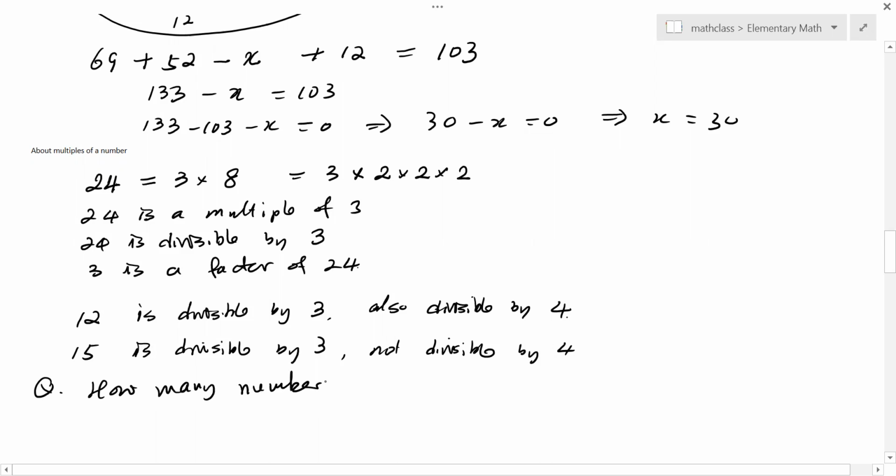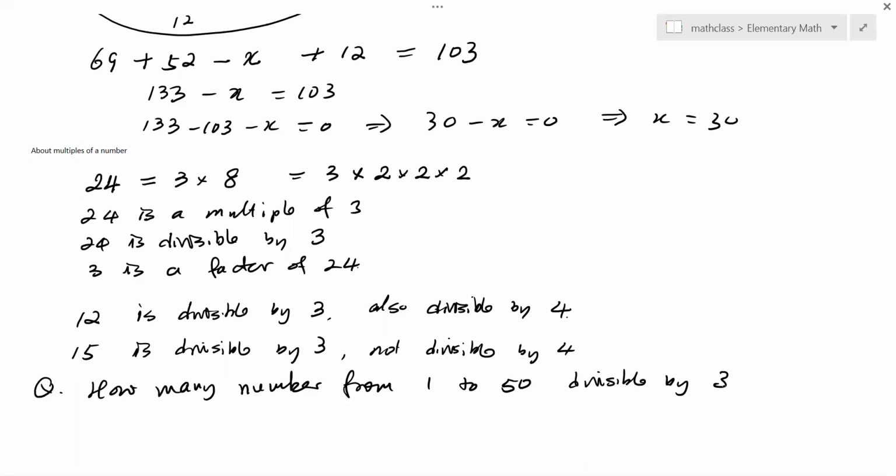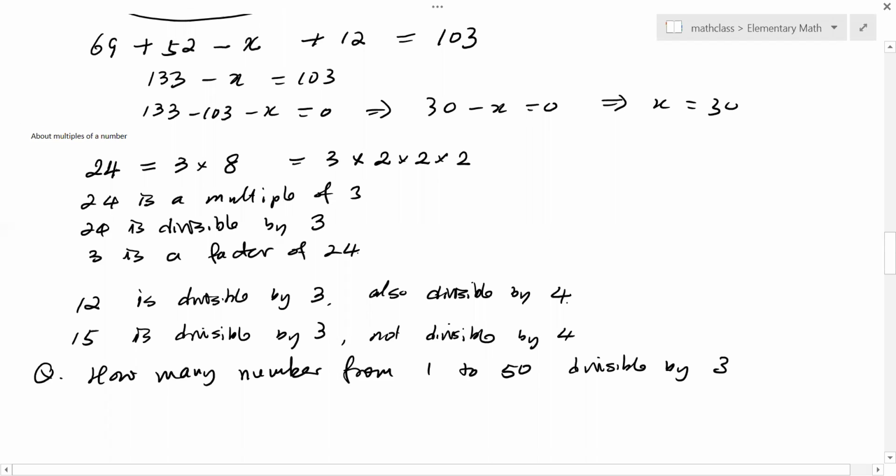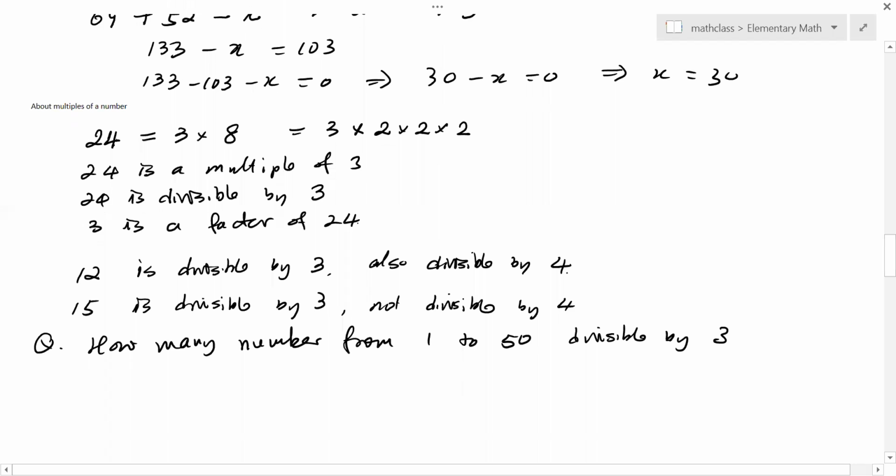How many natural numbers from 1 to 50 are divisible by 3? So how do you understand this problem?